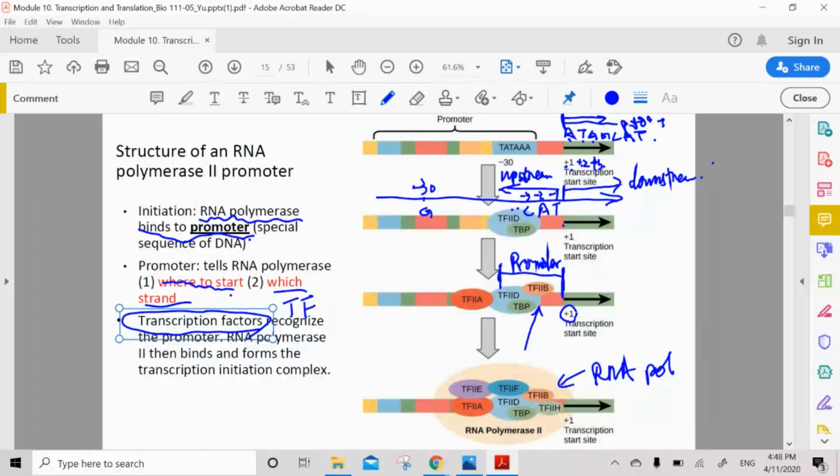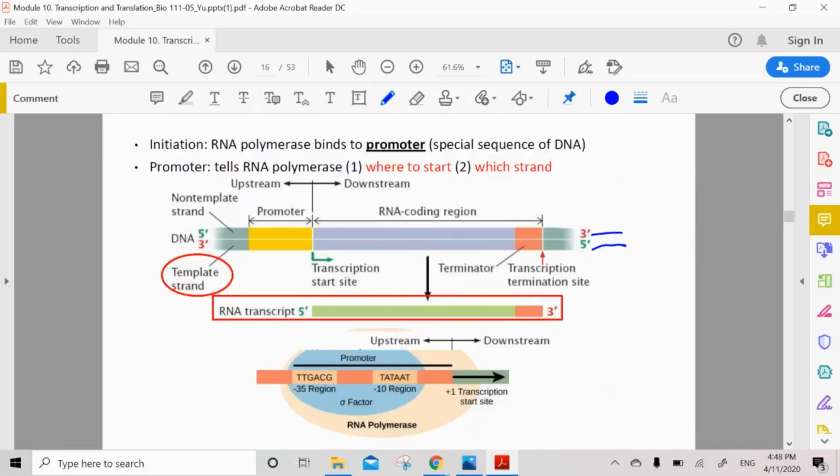Once that binding takes place, RNA polymerase is going to start the transcription from the positive one, the plus one nucleotide. I'll mention the transcription factors a little bit more later.